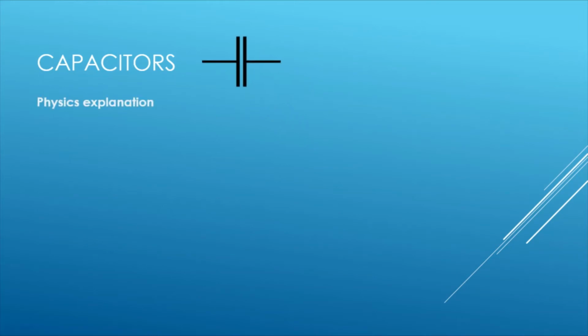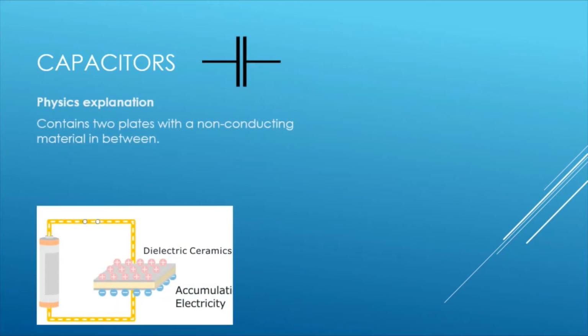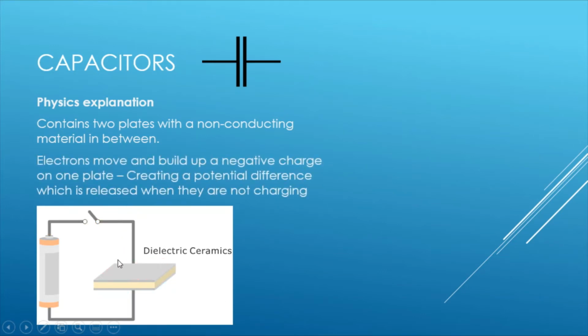In terms of a physics explanation, it essentially contains two plates, hence the circuit symbol. And these two plates have a non-conducting material in between them, where essentially electrons move. So when we close the circuit here, all the electrons move from the one side to another side, and they can't get through. So there's a buildup of electrons, which creates this potential difference, and then those are released when it's not charging.